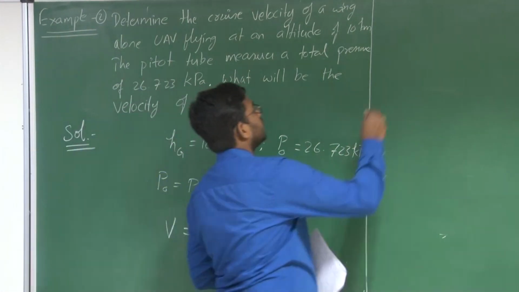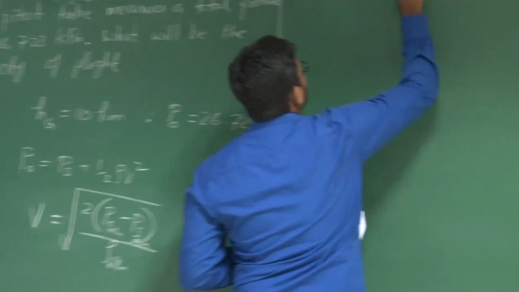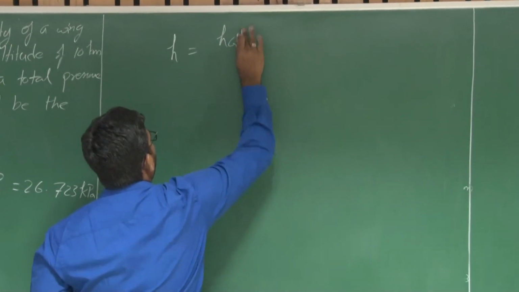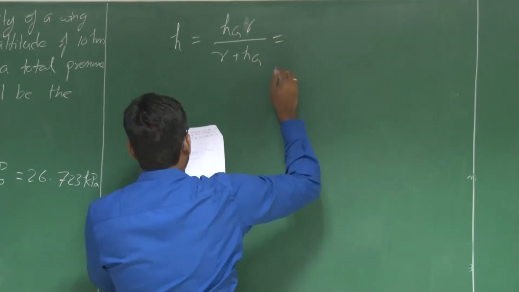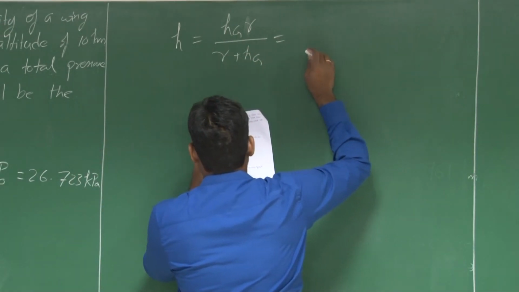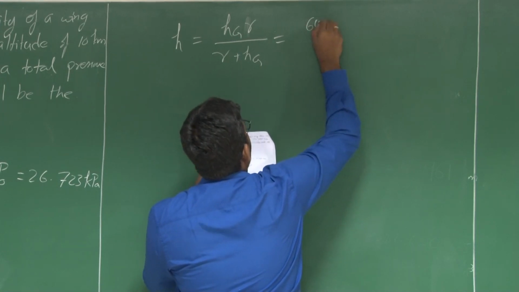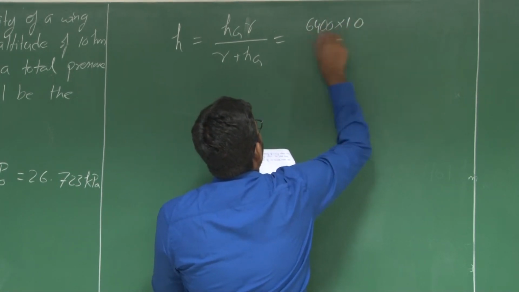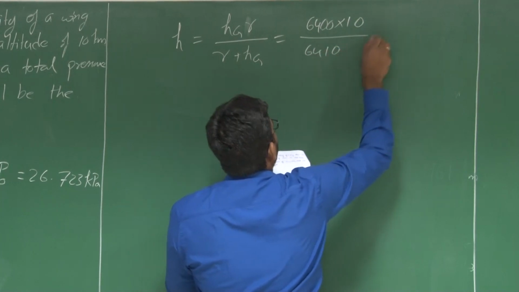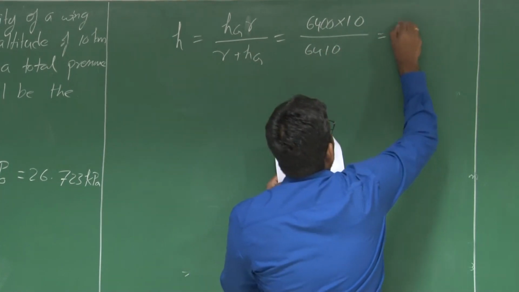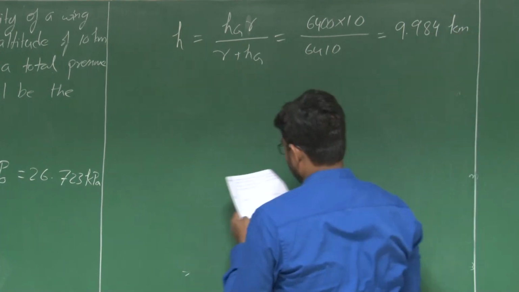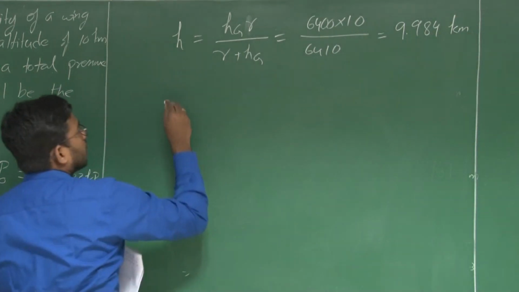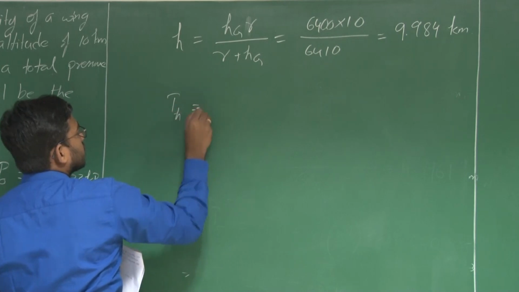Now first we need to convert Hg to H, which is Hg into R by R plus Hg, which is equal to 6400 by 6410, which is 9.984 kilometers. Right.